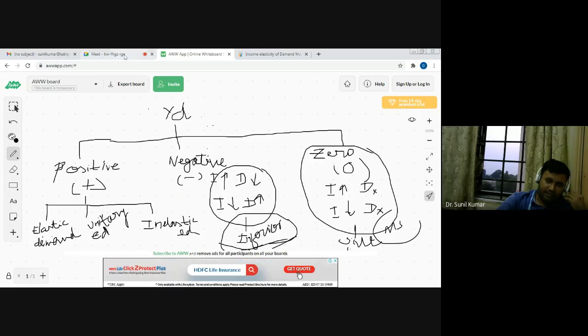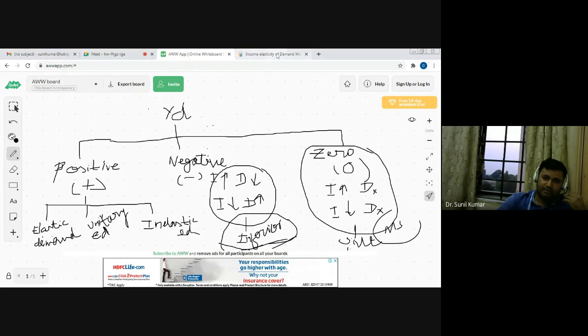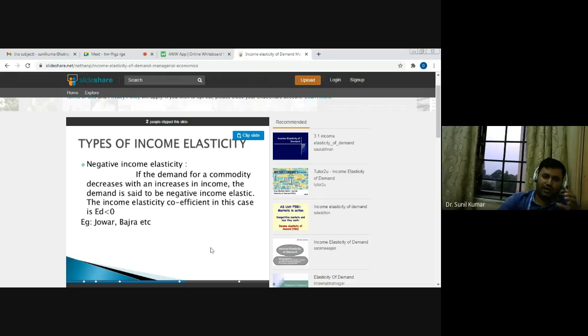So let's try to understand through the graph. Negative income elasticity: we are studying the negative, where there will be an impact. If income increases, he usually buys less; if income decreases, he used to buy more. This is where the goods are inferior.